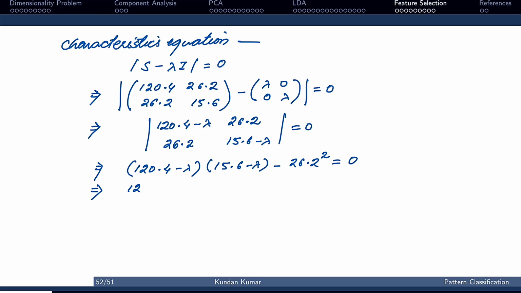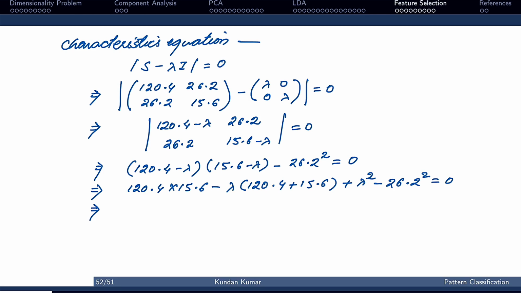It will be 120.4 into 15.6 minus, plus lambda square, minus 26.2 square equal to 0. Now we can rearrange and calculate the values.